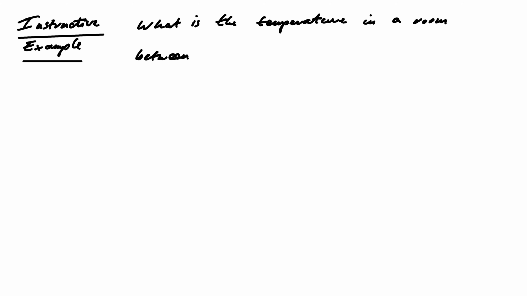So let's ask the following question. What is the temperature, I don't know, in a room between 2 moments in time. So between, I don't know, let's say 1 p.m. and 3 p.m.